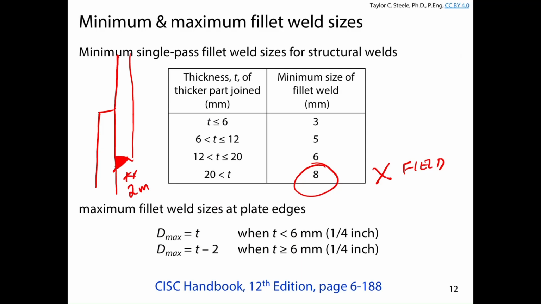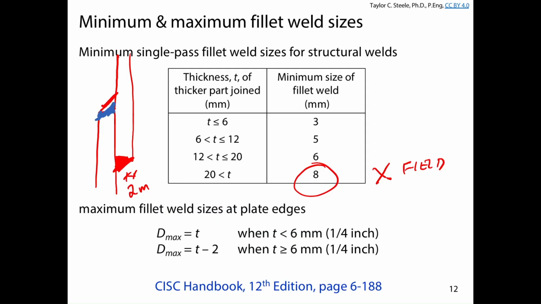If you have a piece of plate that's 6 millimeters or thinner, you can go right to the edge. The reason you have this size, though, is because if you start to burn into the edge here, it's actually quite possible that instead of making a fillet weld that looks like this, you burn away the edge of the plate, that melts away, and you have a fillet weld that looks something like this.